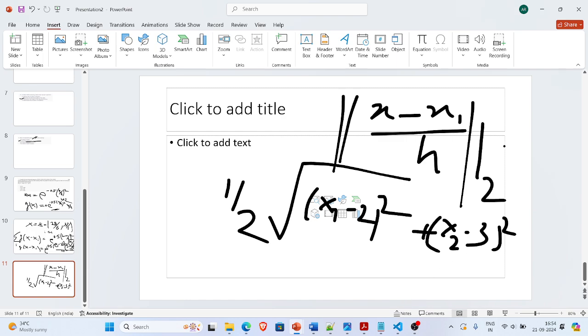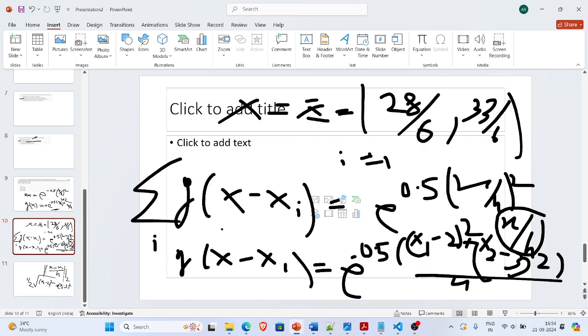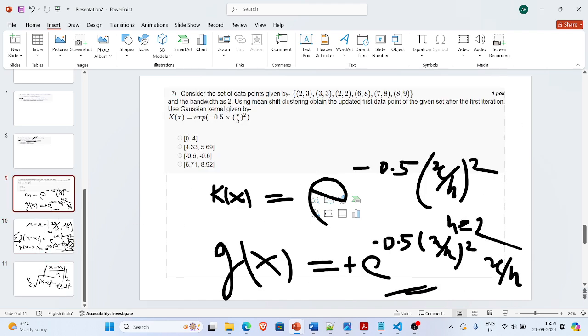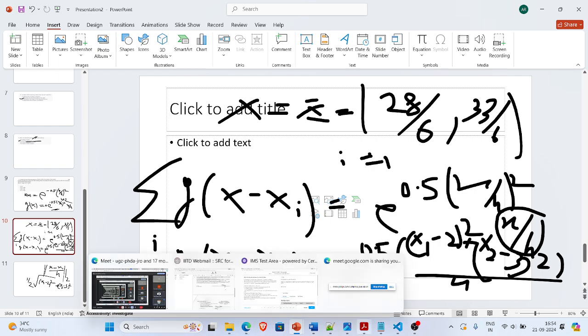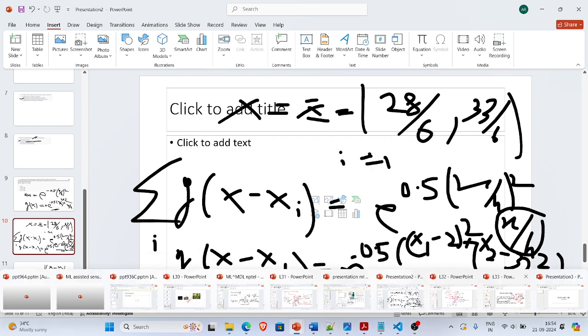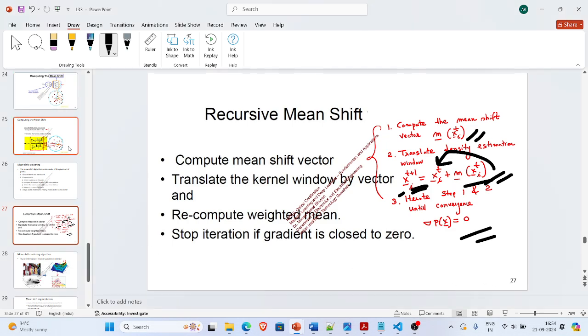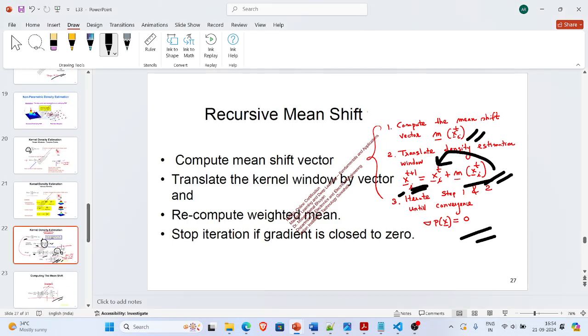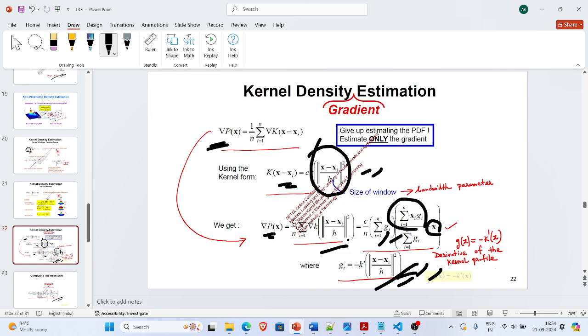So this x by h, as you can see, has to be under L2 norm, because in this formulation we have used the L2 norm. If it is not square, then it has to be an L2 norm.